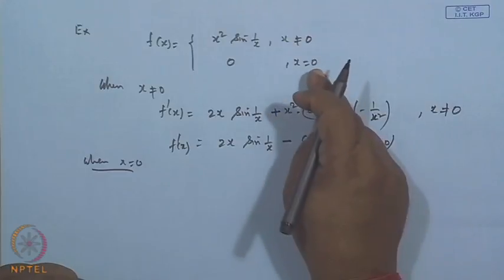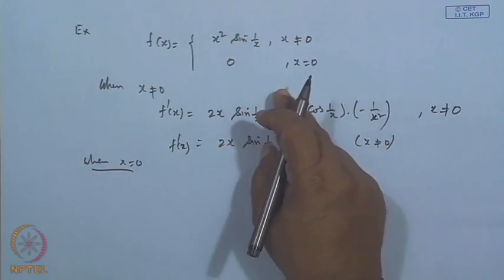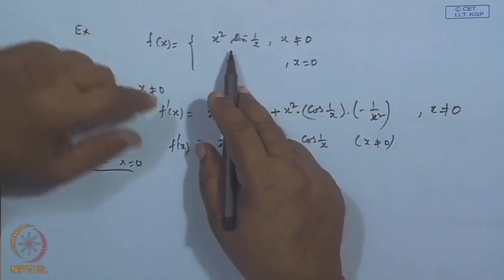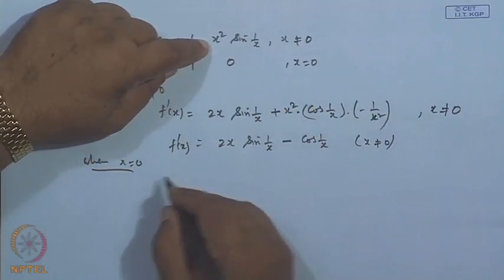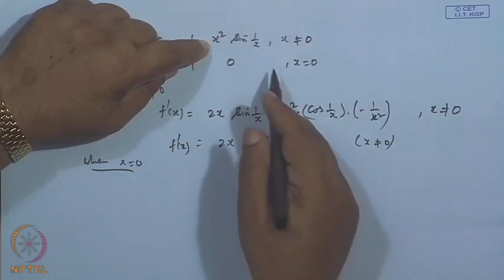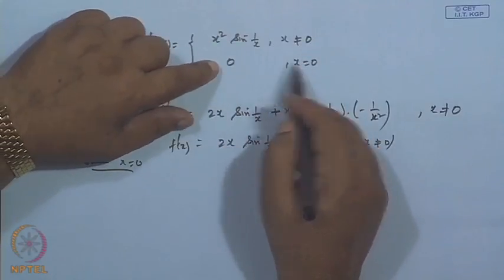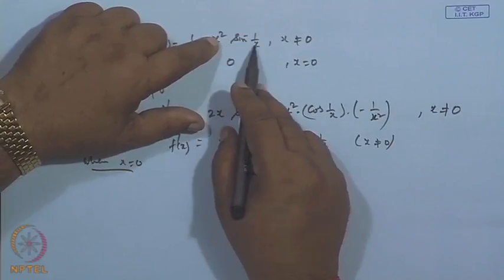what happens? We have to compute the derivative of the function at 0. Why? Because at the point x is 0, the values at points different from 0 are given by this form.